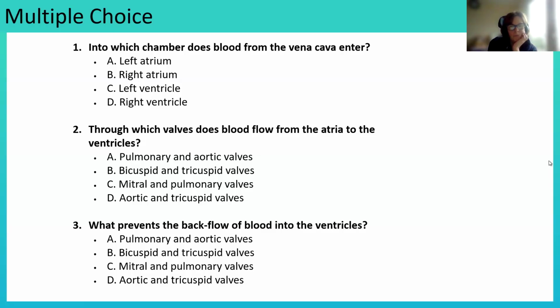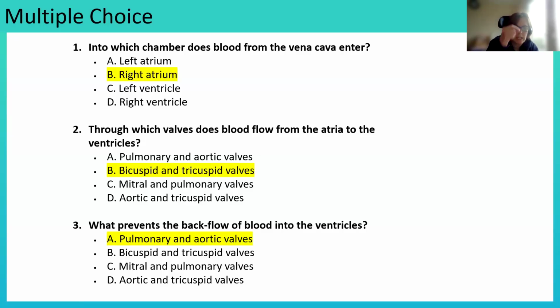Okay, good work. I'll pop the answers up then. So the vena cava is bringing back blood from systemic circulation to the right side of the heart.